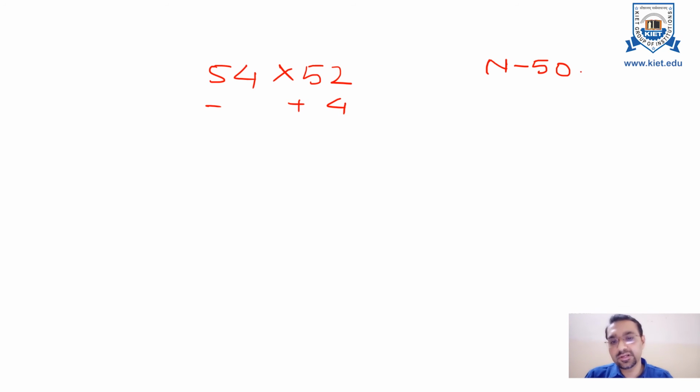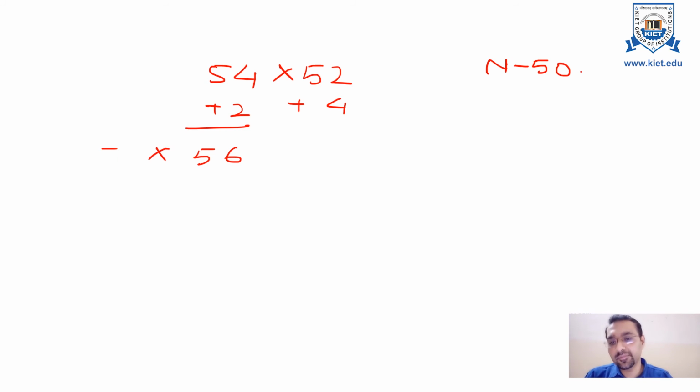Next we are going to take two numbers which are close to 50. So let's say I have taken two numbers 54 and 52. The steps remain same. These two numbers are close to 50, so I will take n minus 50 first. So you will get plus 4 and plus 2. So 54 plus 2 is 56.